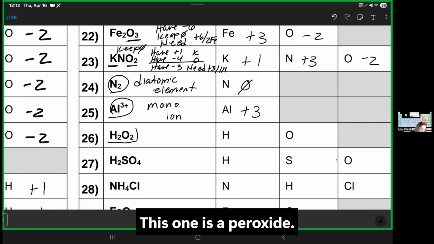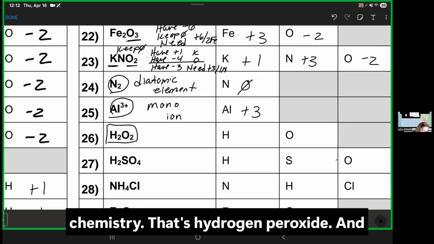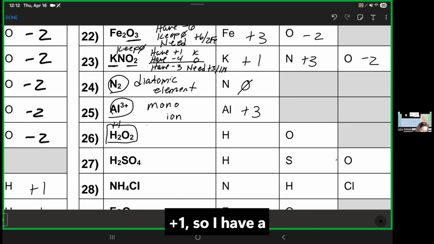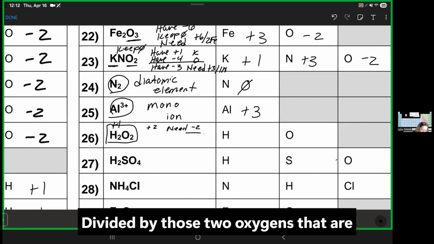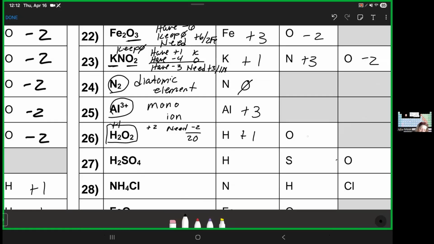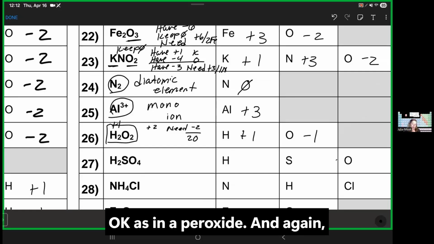This one is a peroxide. This is for general chemistry. That's hydrogen peroxide. And we know that hydrogen is +1. So I have a +2. I need a -2 divided by those 2 oxygens that are there. This is when oxygen is -1, in a peroxide.